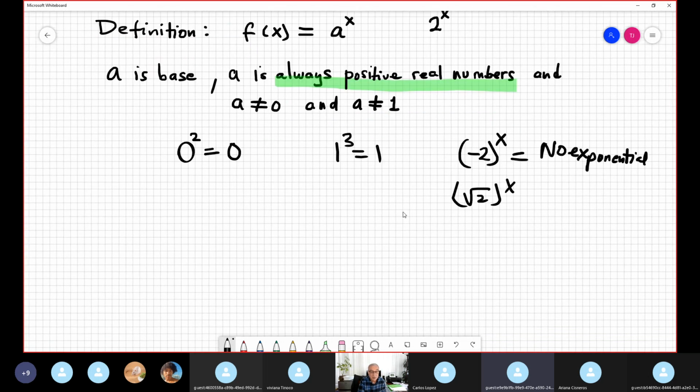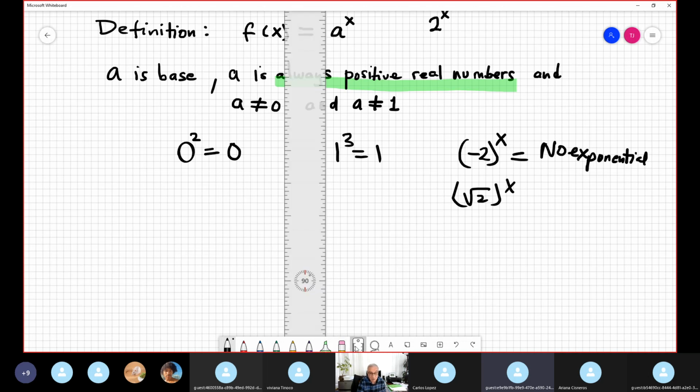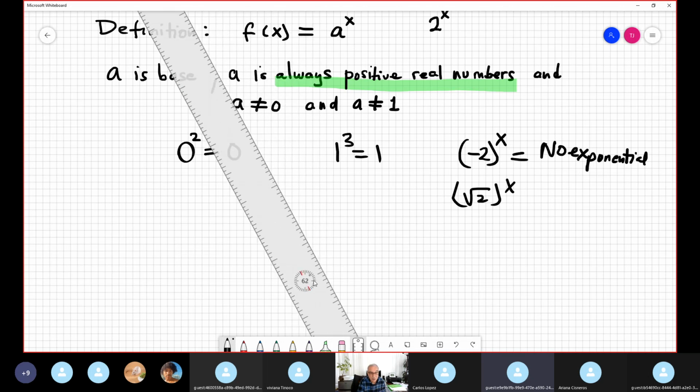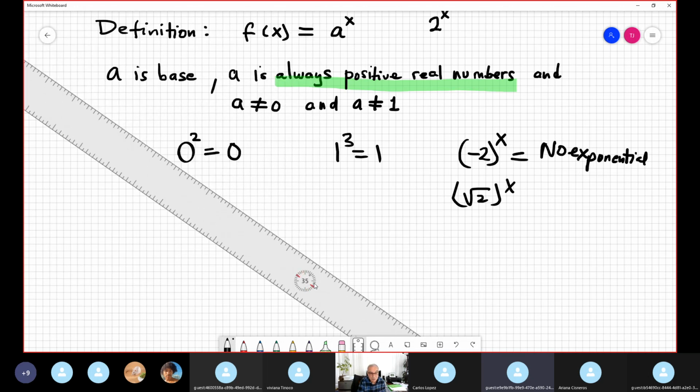Let me try to understand because it's confusing. This is my line, because I want to analyze the problem in one dimension.